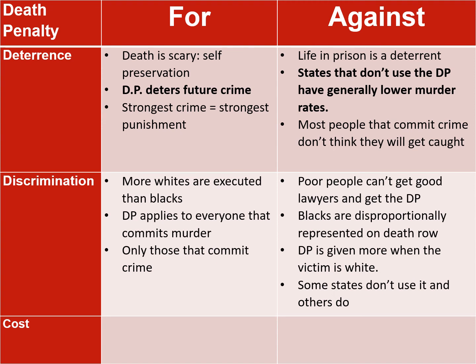So maybe my counterargument might be, well, actually, that is not true. States that don't use the death penalty have generally lower murder rates. So I first state their argument, the death penalty deters future crimes. I say that is not true, and then I give my statement against that. Then, of course, I need evidence to support my statement.